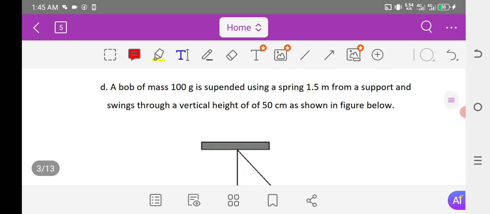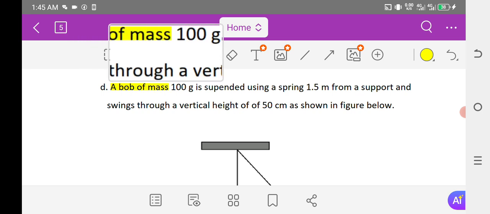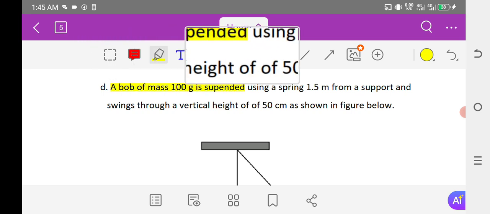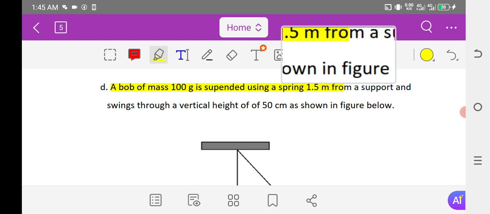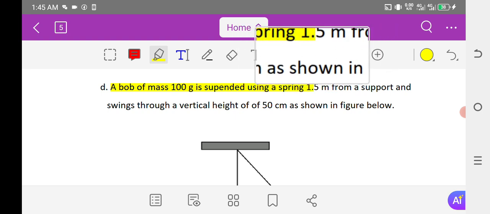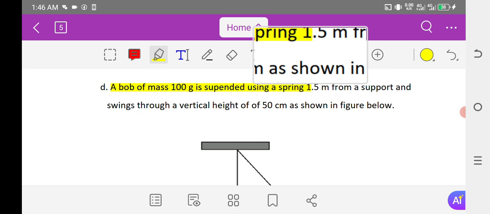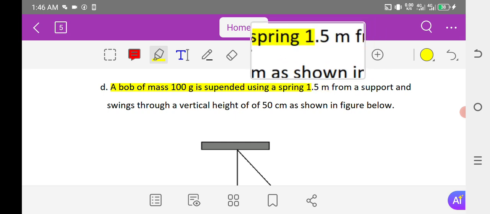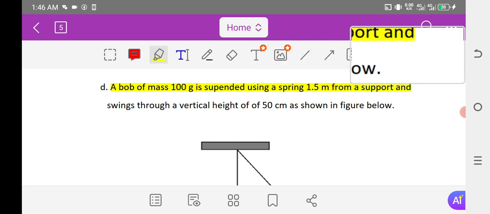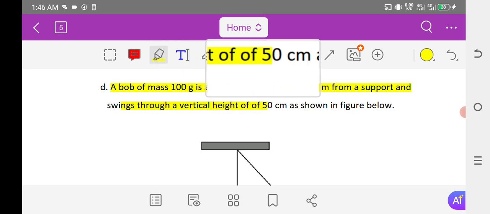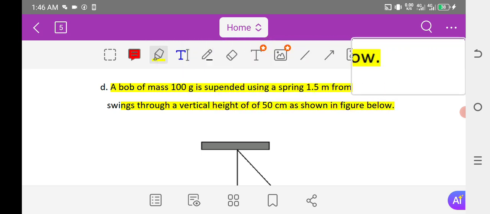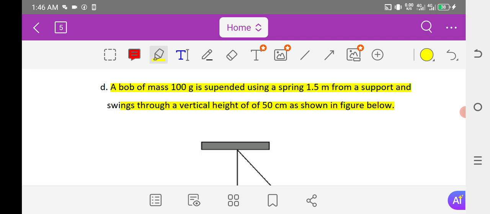All right, D. A bulb of mass 100 grams is suspended using a 1.5 meter string from a primary support, and it swings through a vertical height of 50 centimeters as shown.